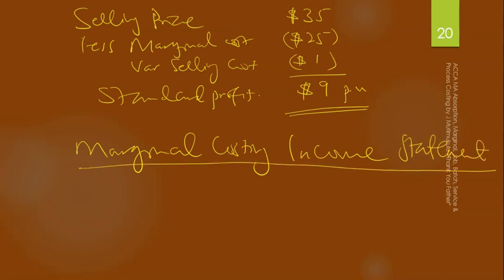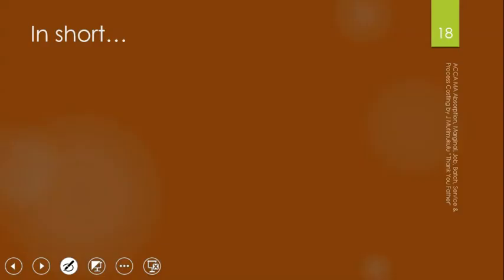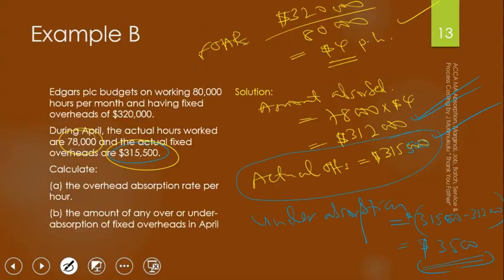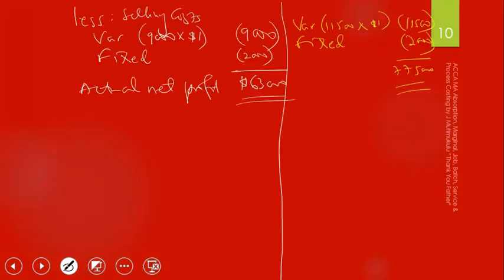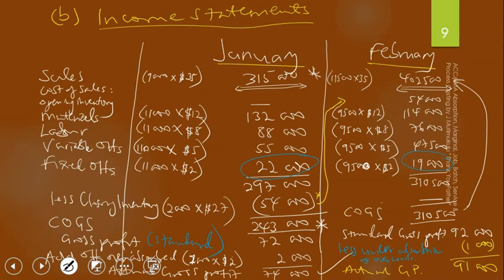The marginal costing income statement, ladies and gentlemen, will, as usual, start with January, then February. Let us race with time. We start with sales. The sales figures are actually going to be the same. We can just incorporate the sales figures which we did compute in our previous. We determined 315 in January and 402.